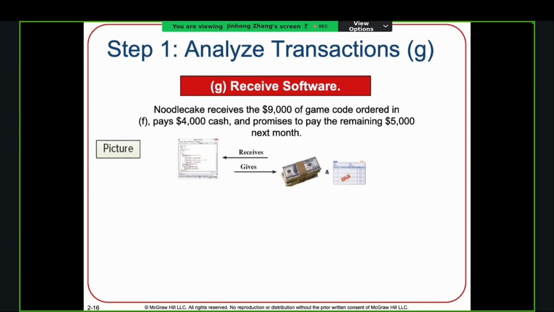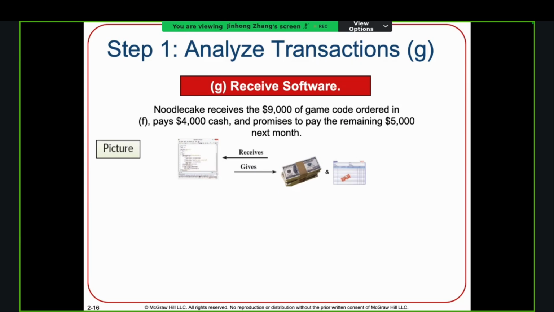So Noodle Cake receives $9,000 of game code order and pays $4,000 cash, and promises to pay the remaining $5,000 next month. Okay. So now you receive $9,000 game code. So you say game code $9,000, right? That's the asset section, you increase. And the cash, you reduce cash $4,000. So the balance of $5,000 is accounts payable.